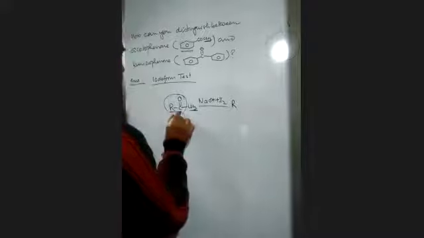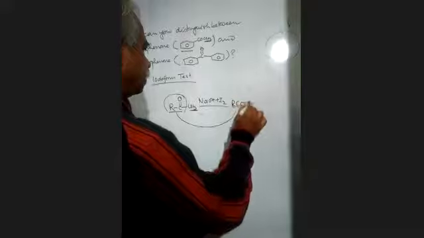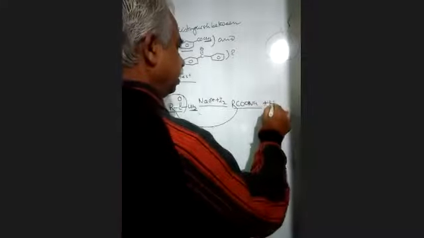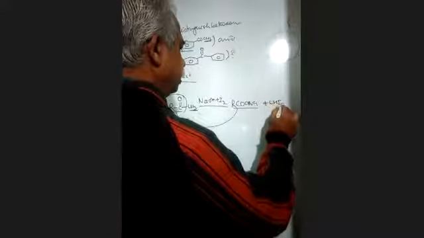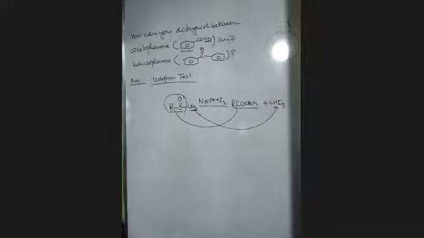This will be RCOONa, and this will give you this. So write the statement that acetophenone will give yellow precipitate with sodium hydroxide and iodine solution while benzophenone will not.